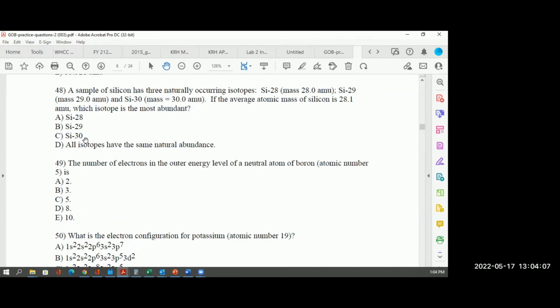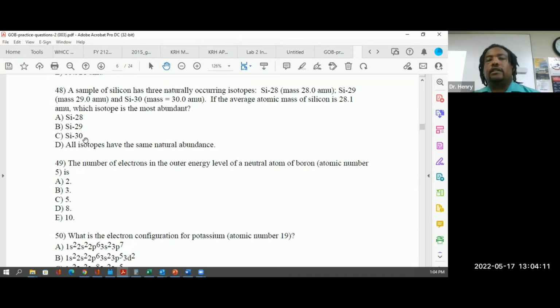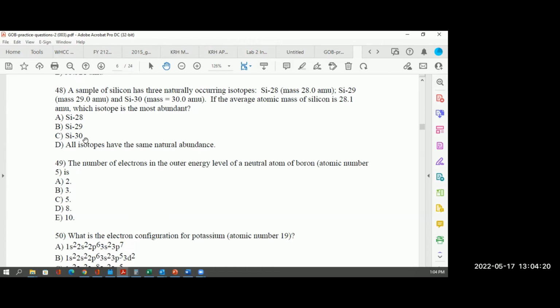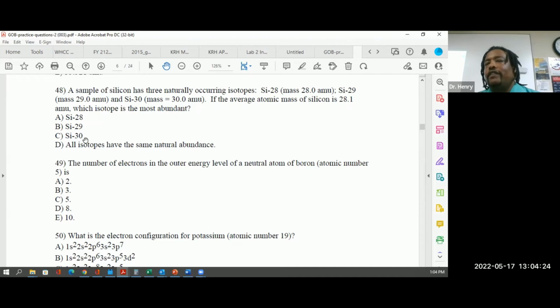So what does abundant mean again? Abundant means the one that you have the most of. So which one would you have the most of? Would be C? Don't overthink it. Look at the number of the average. The average tells you which one it's closest to.